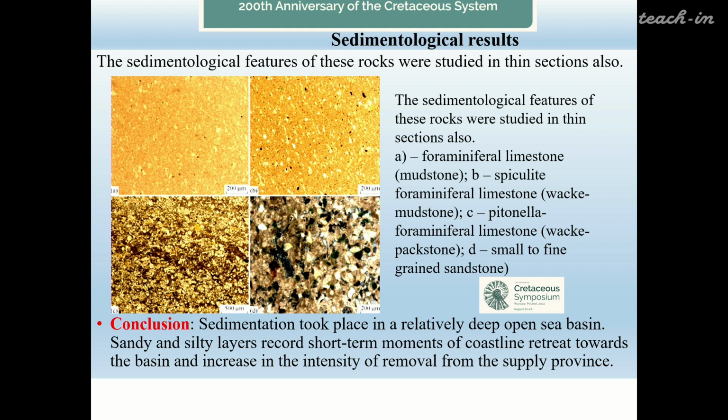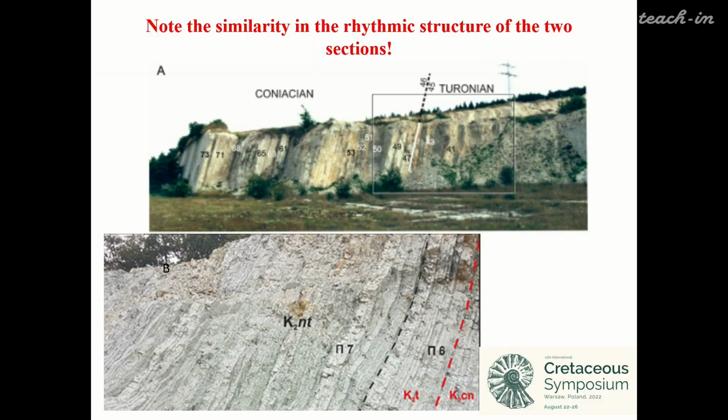Here you have foraminiferal limestone, mudstone, spiculite foraminiferal limestone, mudstone, Pithonella foraminiferal limestone, packstone, and small to fine-grained sandstone, more in the terrigenous part of the section.